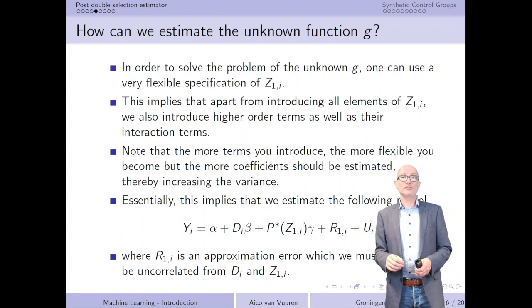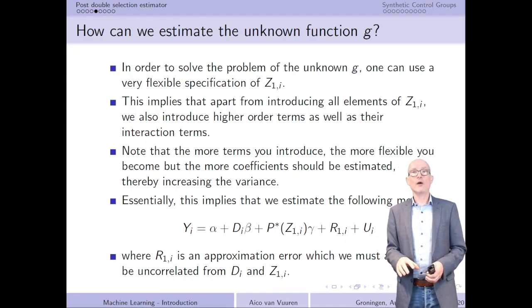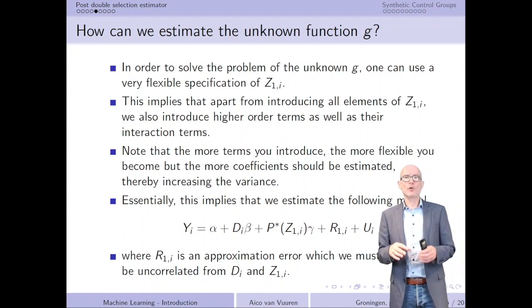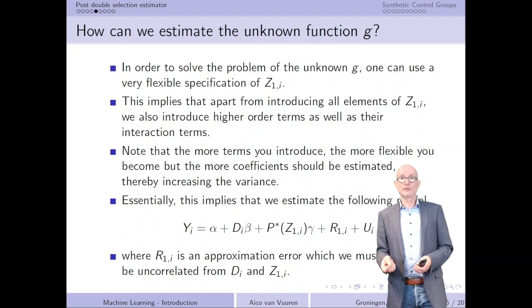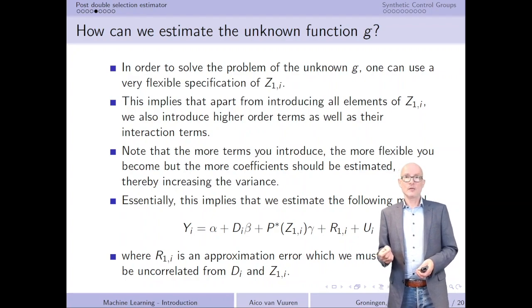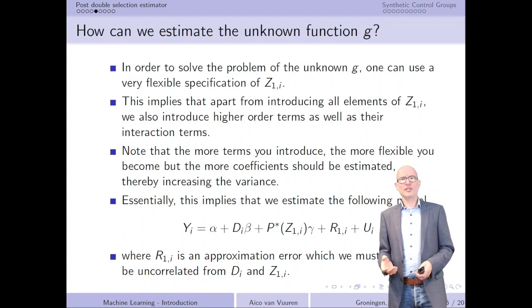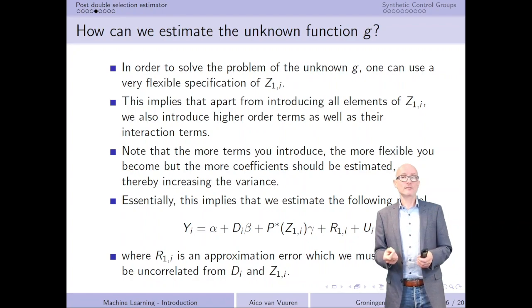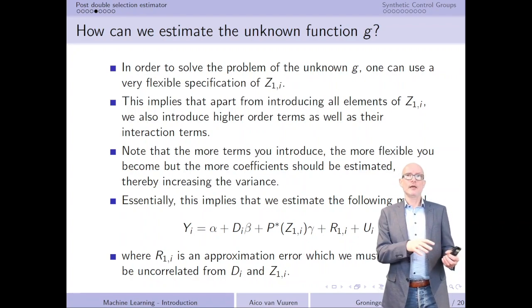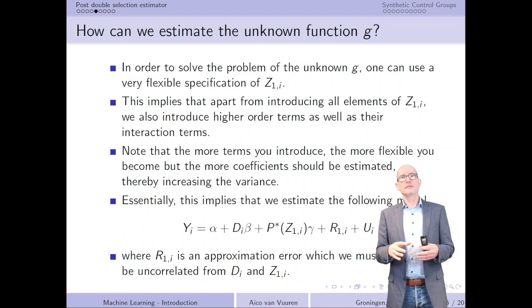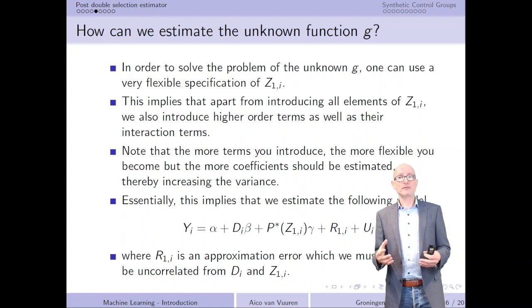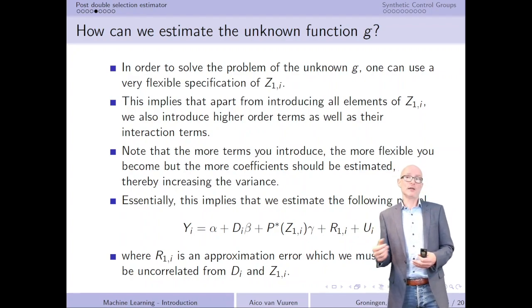So therefore we have to introduce an additional term. That is going to be our approximation error. We're going to have an additional approximation error that is going to be added to the regression equation that we have, and we are going to denote that by R1i. Now we have to make a very important assumption, and that is that this approximation error is going to be uncorrelated to both di and z1i. In words, this means that even though of course the p star z1i could be different from g, it should still have all, I would say, systematic variation with respect to z1i that is going to have an impact on yi.